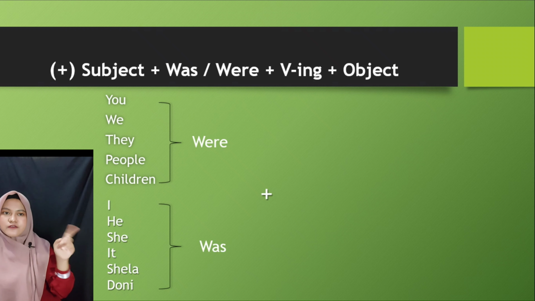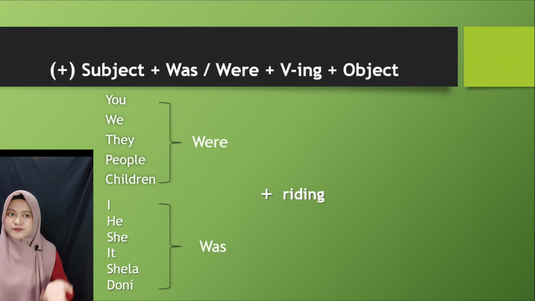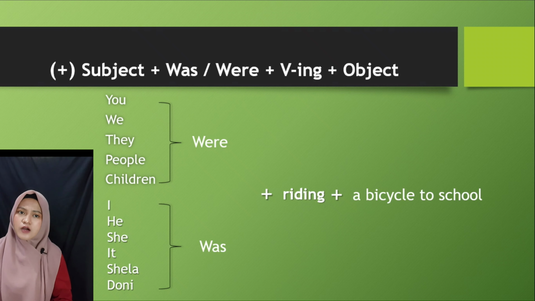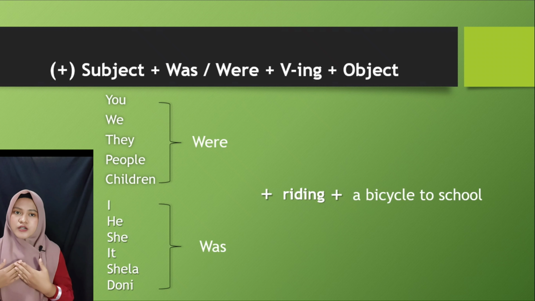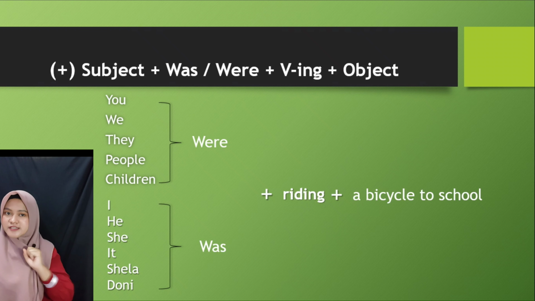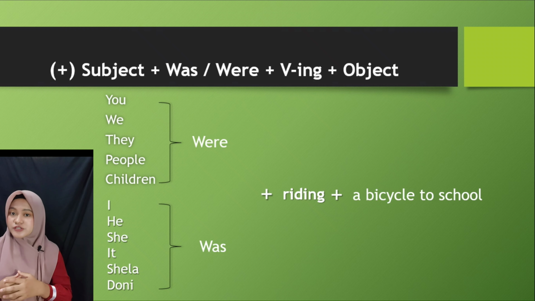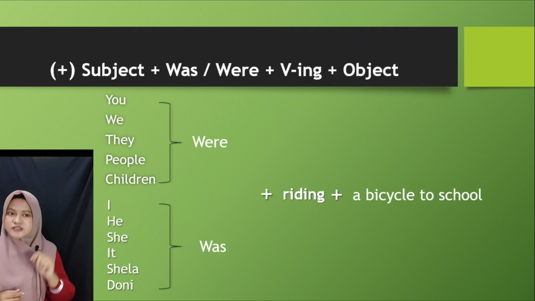And here I have the verb riding, and the object is a bicycle to school. And how about if I use the subject you, Miss Fira? So the auxiliary is were: you were riding a bicycle to school. And how about I use the subject I, Miss Fira? So the auxiliary is was: I was riding a bicycle to school.